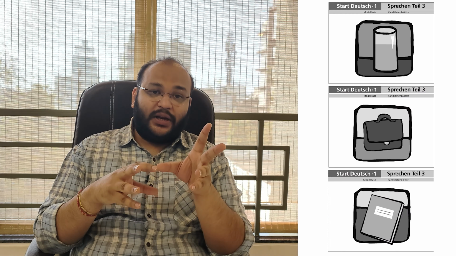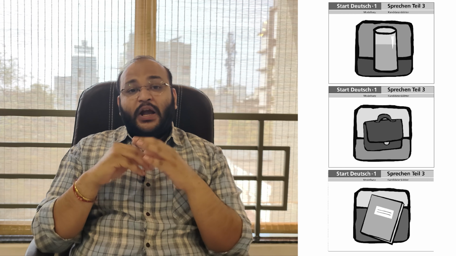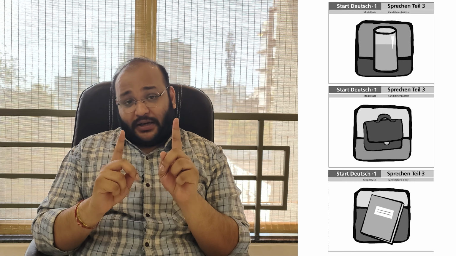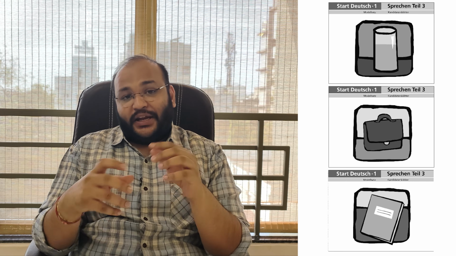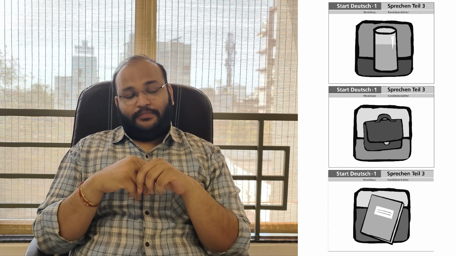Speaking part 3, once again you have to pick up a cheat, but this time, instead of a word, there would be some picture which is drawn. Maybe the picture of a laptop, or a dictionary, or a glass of water, or a cup of tea. You have to make either a question of requesting nature or a sentence of requesting nature.